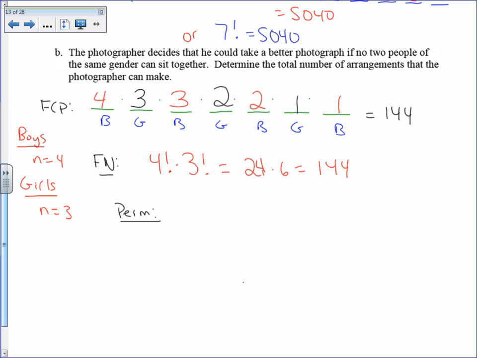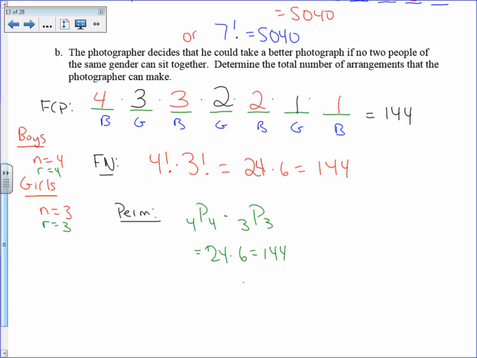What ends up happening, because it's so difficult in the graphing calculator, because the menu's hidden, this ends up sometimes being the easiest way to do this. The permutations, because this would just be 4 pick 4, right? So we have 4 boys that we're going to pick 4 from, and 3 girls that we're going to pick 3 from. So 4 pick 4 times 3 pick 3, which just amounts to 24 times 6, which is 144.